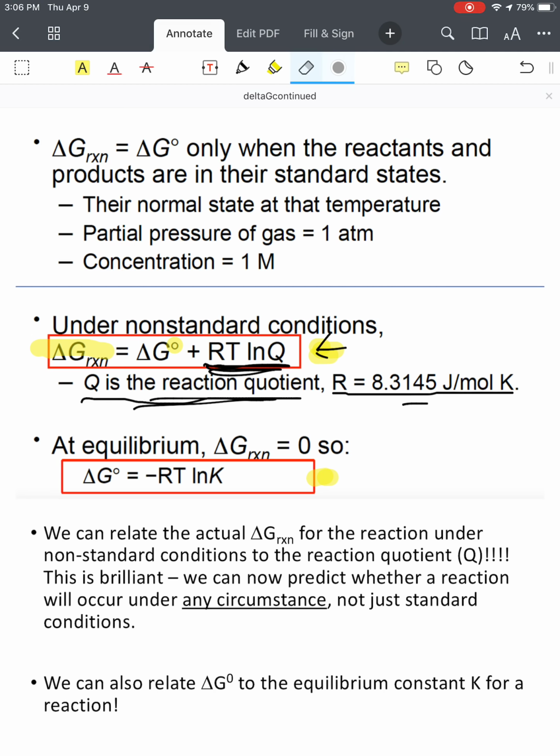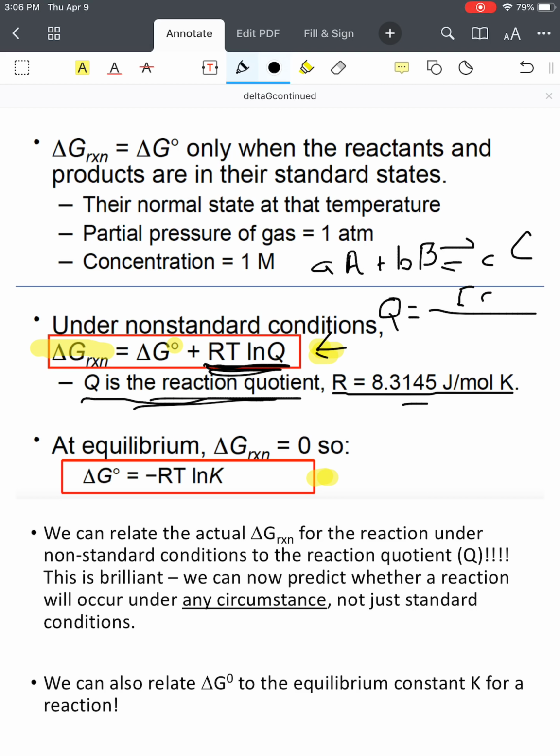Remember back when we were talking about equilibrium chemistry, we defined what the reaction quotient was. And for an equilibrium system such as lowercase a uppercase A combining with lowercase b uppercase B, establishing an equilibrium to make lowercase c uppercase C, remember Q was defined exactly the same as the equilibrium constant, wasn't it?